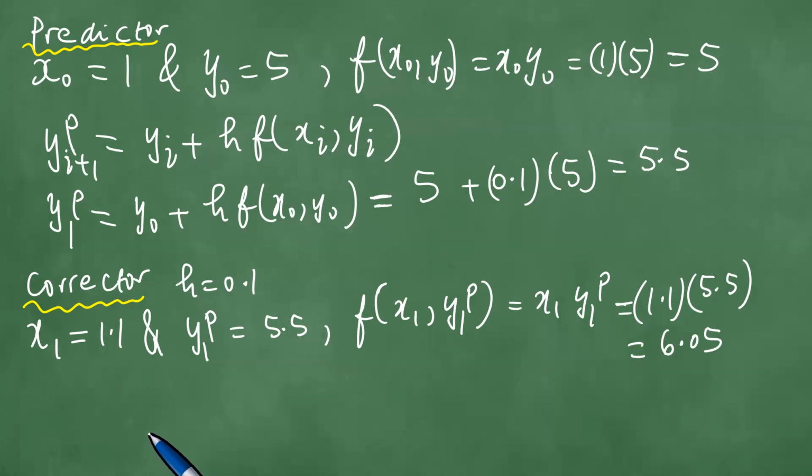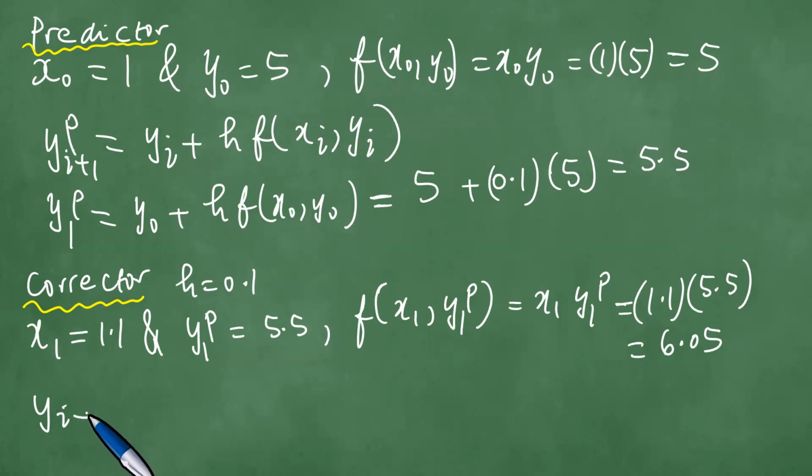And then we are now having the next thing, which is the corrector, because we did the predictor here. Here we're doing the corrector, so we can do the corrector now. So what is the corrector?